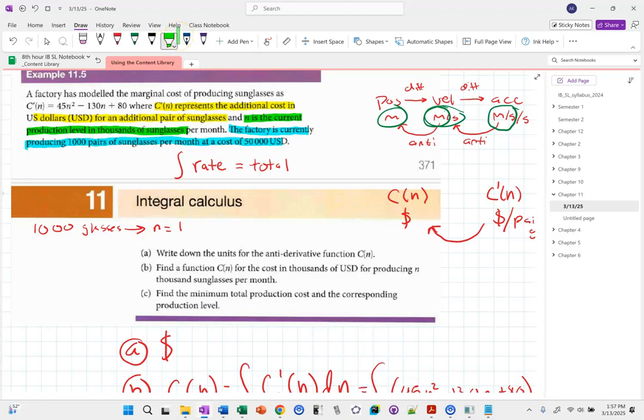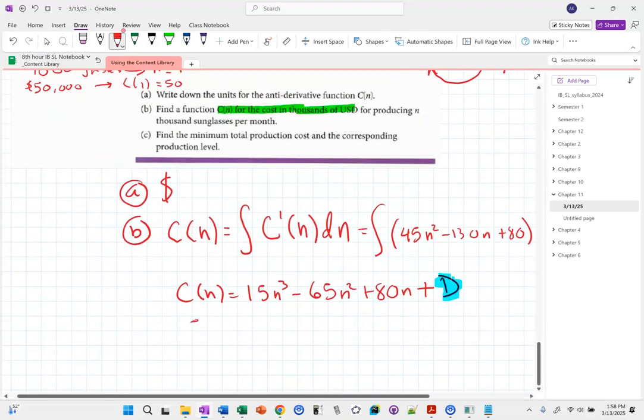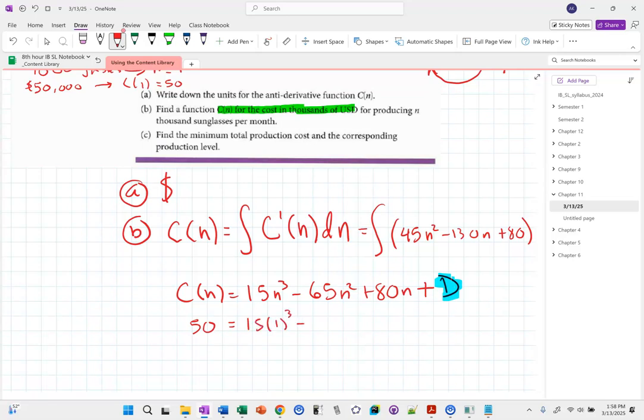And in part B it says I want C of n in thousands of US dollars, so $50,000 really means C of 1 should just be 50. Rude, but fine. So all I'm going to do is drop the 50 in for C of n, and a 1 in for n, and solve for D.